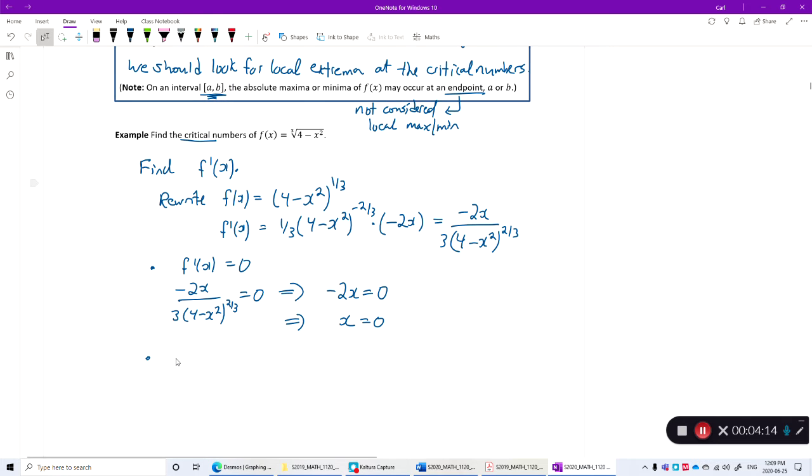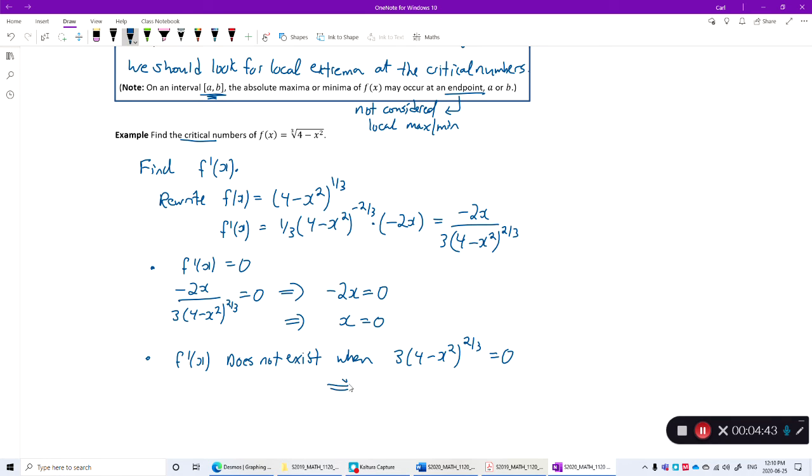Or we look for places where the derivative does not exist. When does that happen? In this case, it's when the expression is undefined. It does not exist when this denominator is 0, because then we'll get something over 0. So how do I solve that?